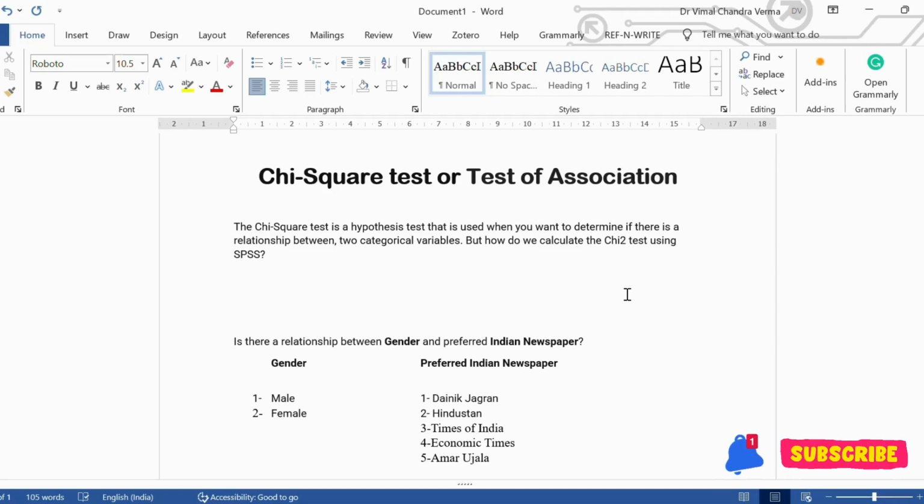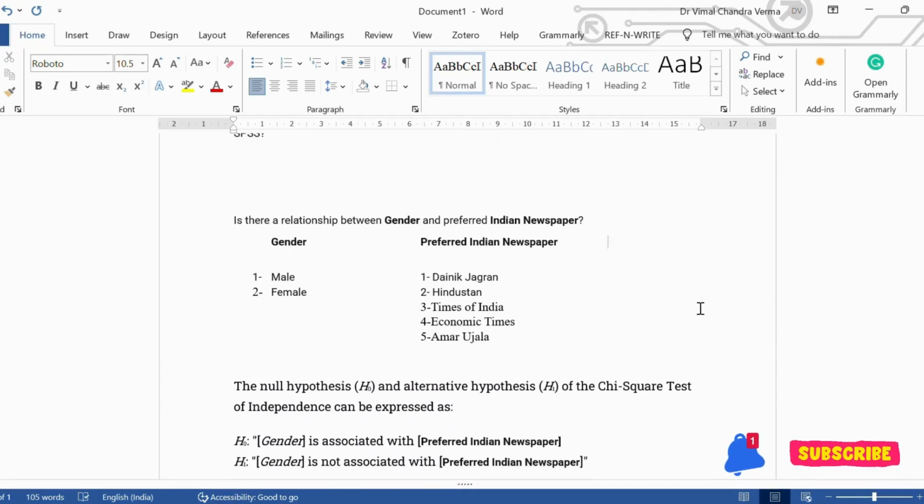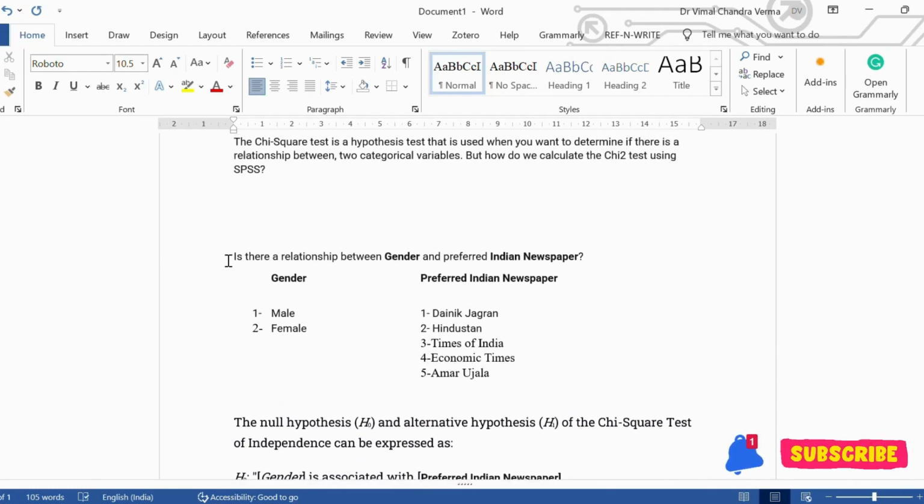But how do we calculate the chi-square test using SPSS? That is what we will be looking at and learning in this video today. So let's understand what a categorical variable is. I have taken one example through which you can understand well.